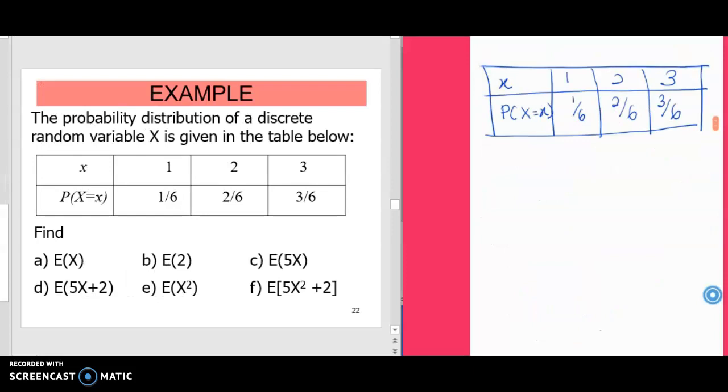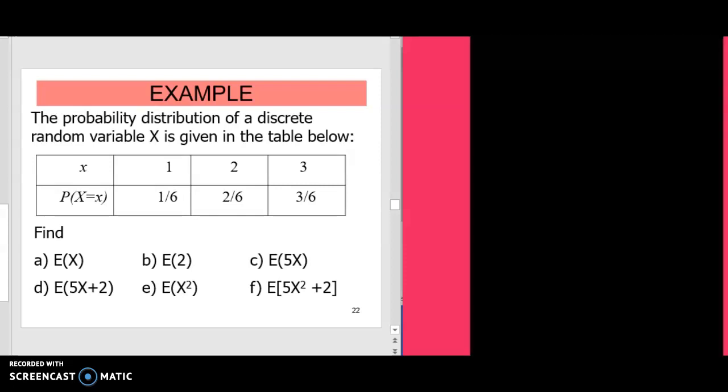Let's discuss this example. The probability distribution of a discrete random variable x is given in the table below. Find A, we need to find expectation of random variable x.